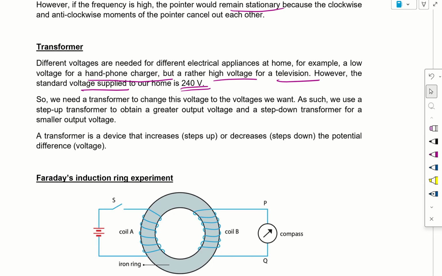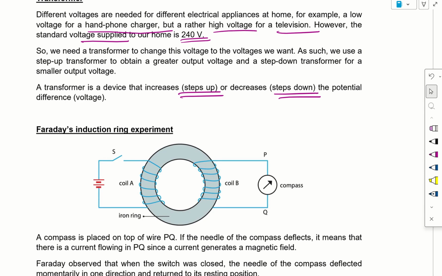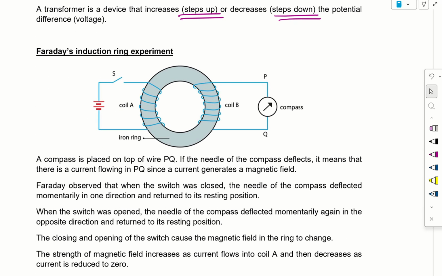So sometimes we need a transformer to change this voltage to a lower or a higher voltage. If it steps up the voltage, it is a step-up transformer. If it decreases the voltage, then it's a step-down transformer.